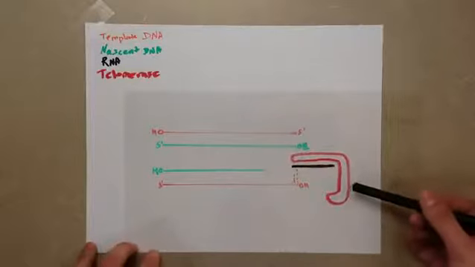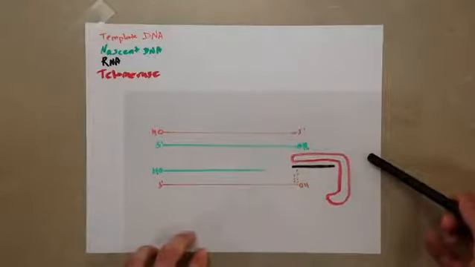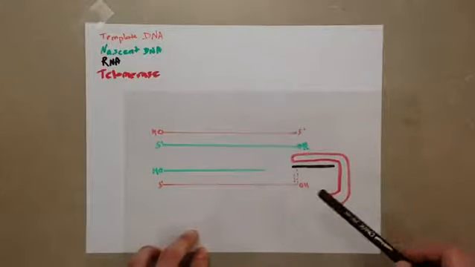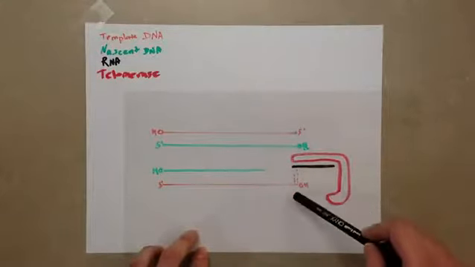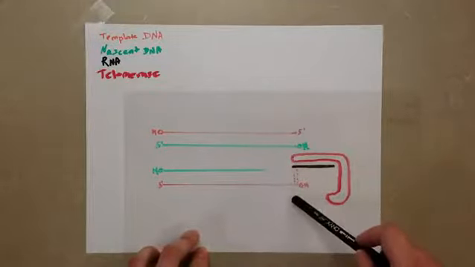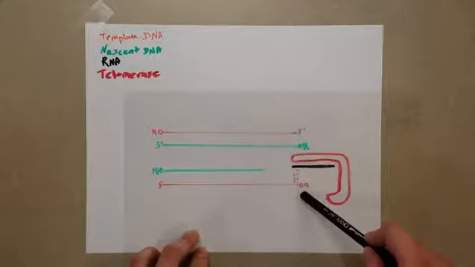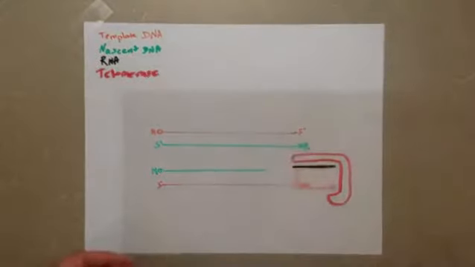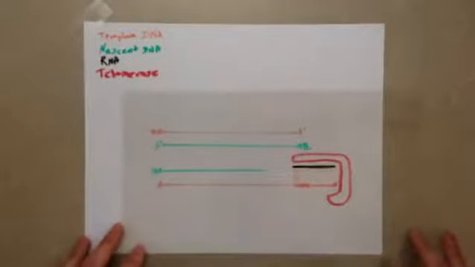So you'll see here that the telomerase has come in, it's able to localize to the telomere region of the DNA, and the RNA primer is hydrogen bonding to the complementary nucleotides on the template strand. What the telomerase actually does is not to extend the lagging strand, but it extends the template strand, which we could see here.